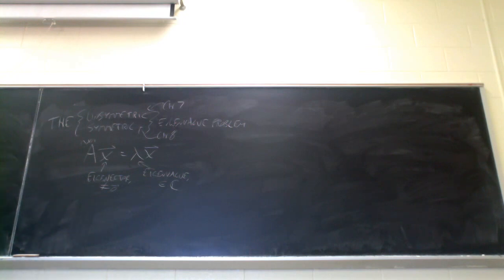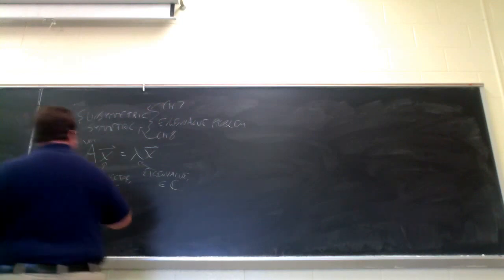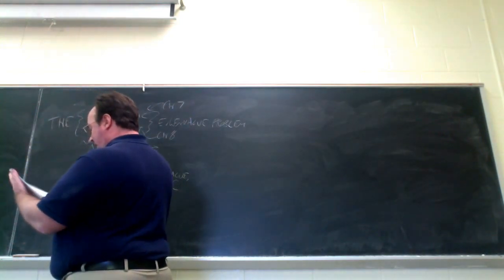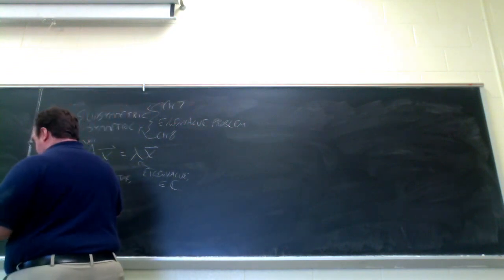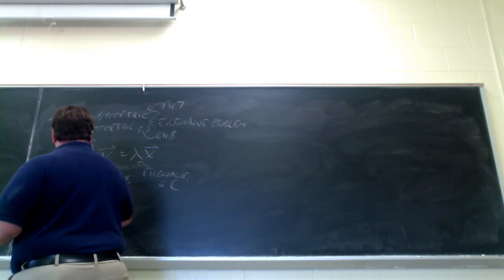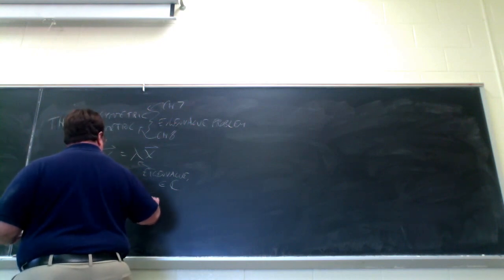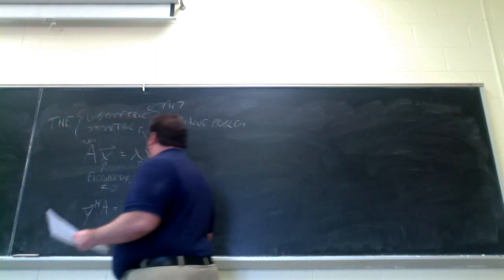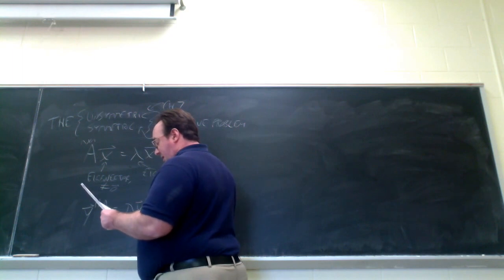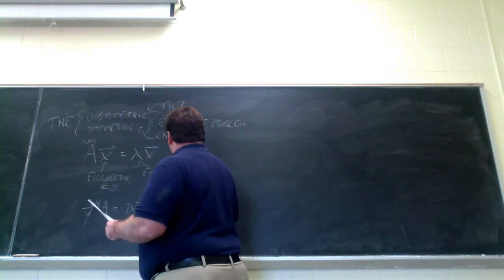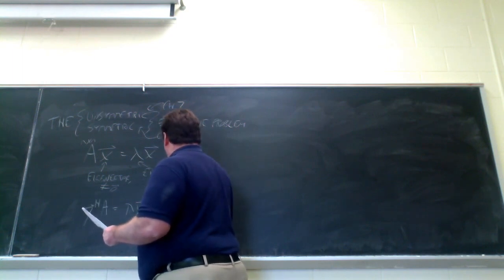There's one other similar relationship that we'll need a little bit, and that is if I take the Hermitian transpose of everything, so I have y Hermitian transpose A equals lambda y Hermitian transpose. So y is called a left eigenvector.